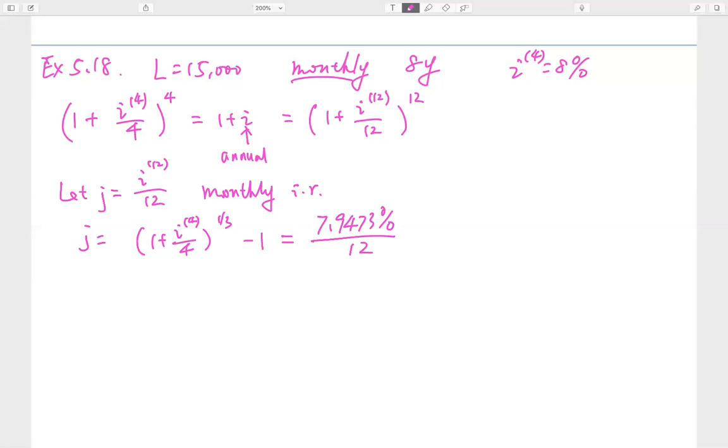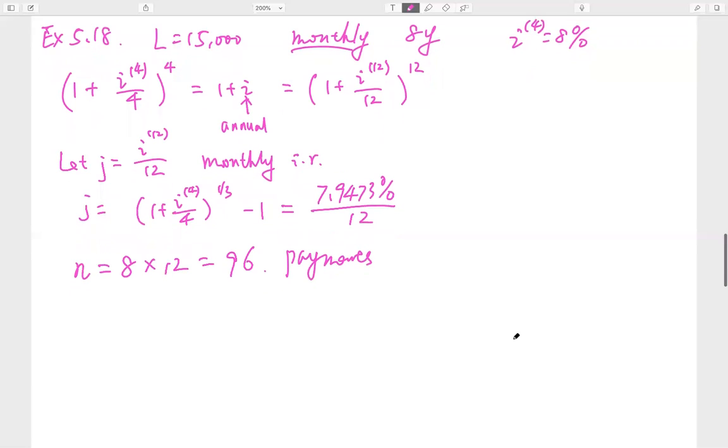Once we have that, we need to know the total number of payments. Let's use n to denote it. I have 8 years, and in each year there are 12 months, so 96 payments. Now I want to know the amount I need to pay each month.